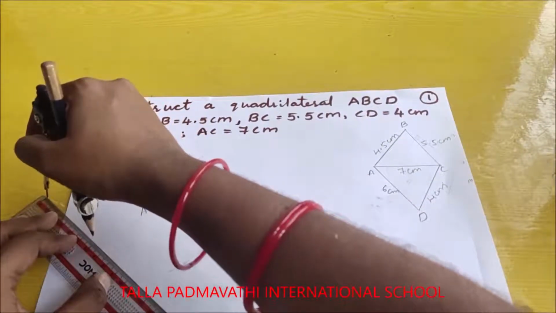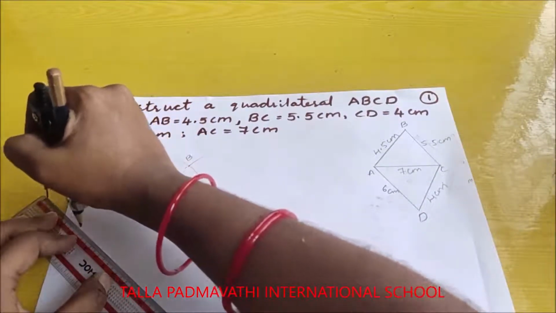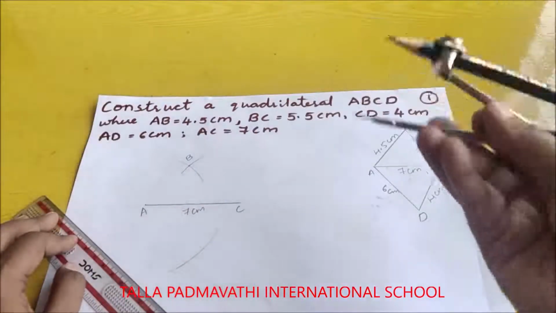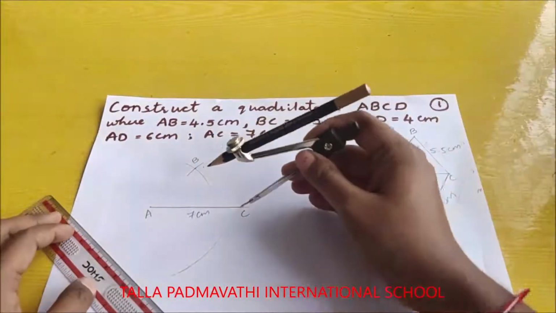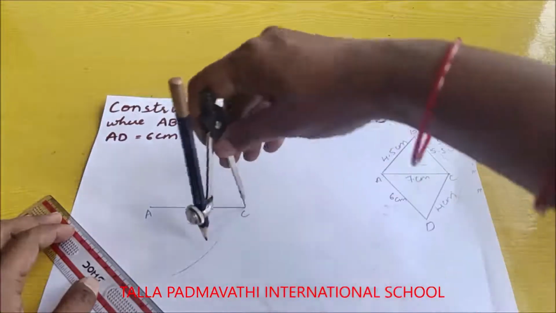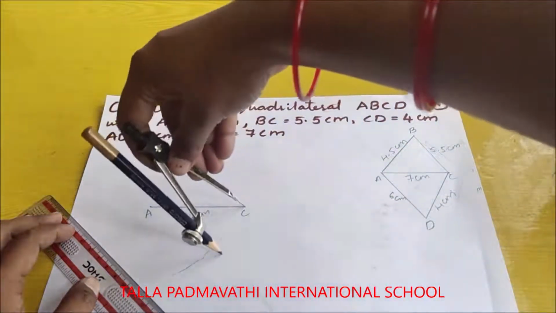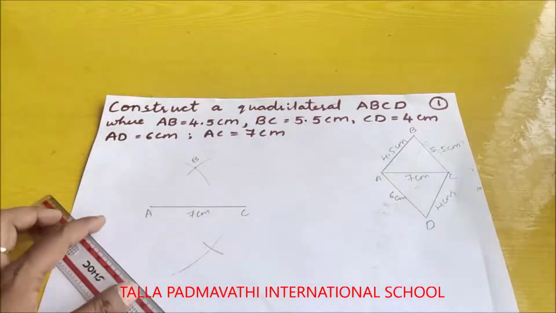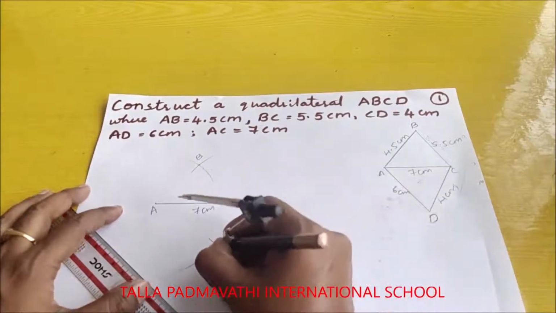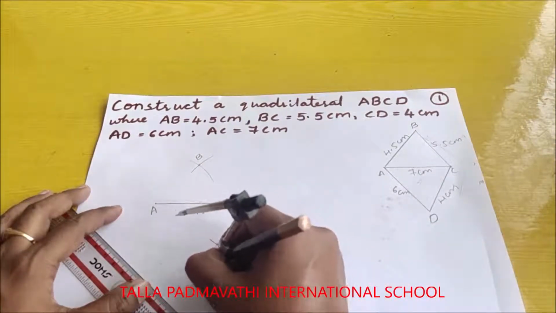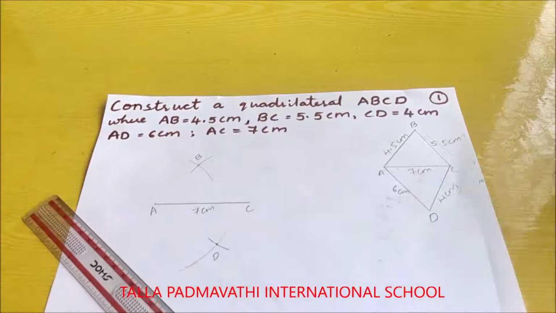So measure 4 centimeters of radius, children. And you need to draw an arc with C as center. And see here, children, this point is D. Now you can join AB, BC, AD and CD.